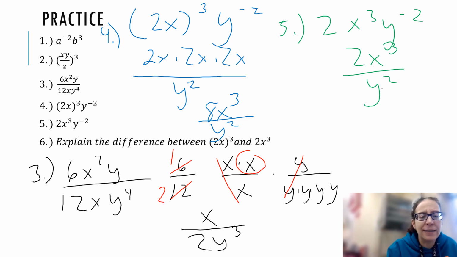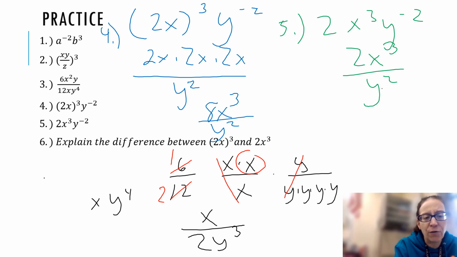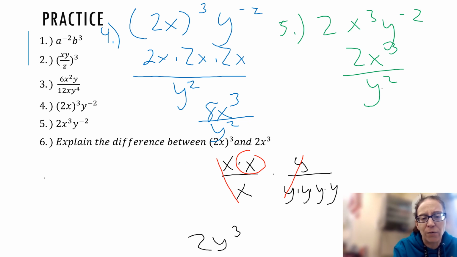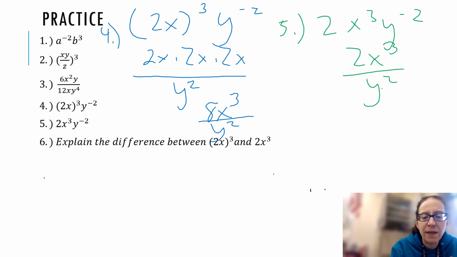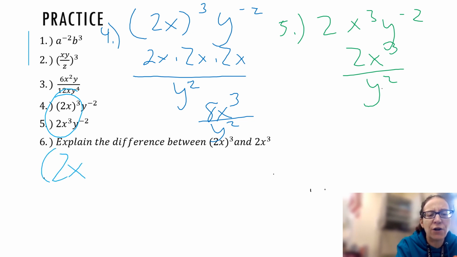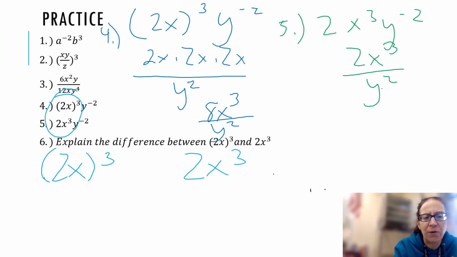Now, question 6 is asking you to explain the difference, and I'm okay with you writing whatever you want if you want me to check it over and make sure that you've answered that. But the idea is that those two problems are meant to get you to look a little bit closer at the notation and the position of the parentheses.